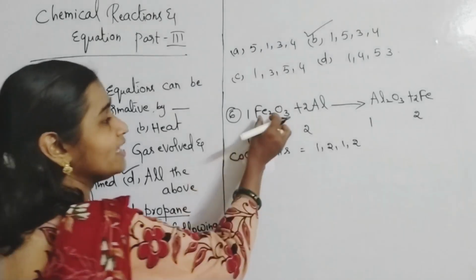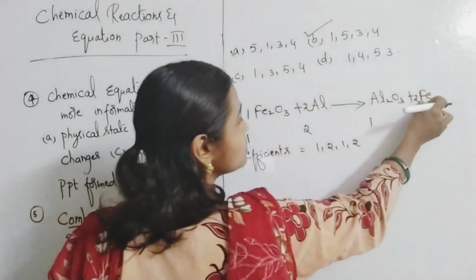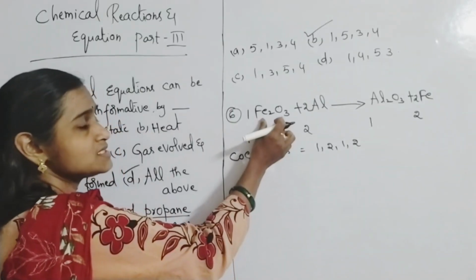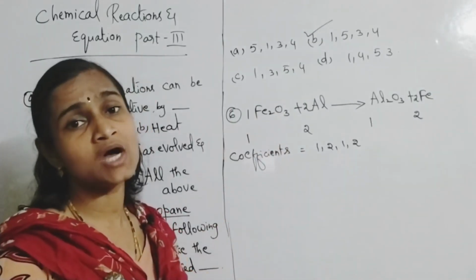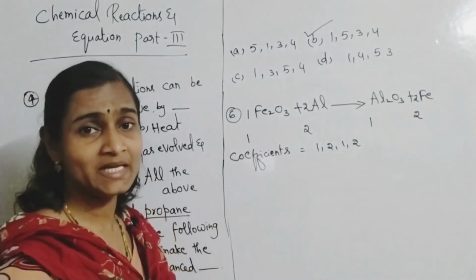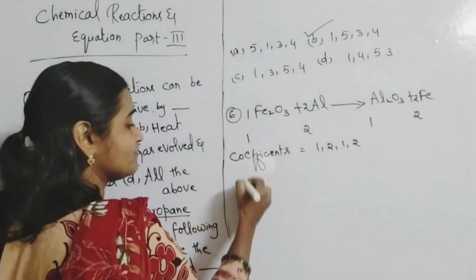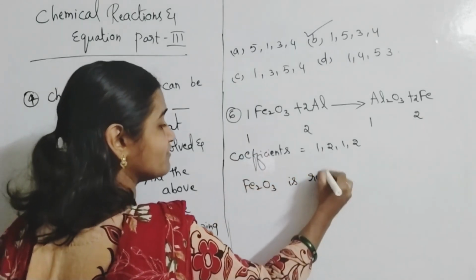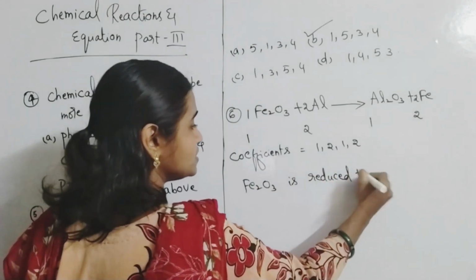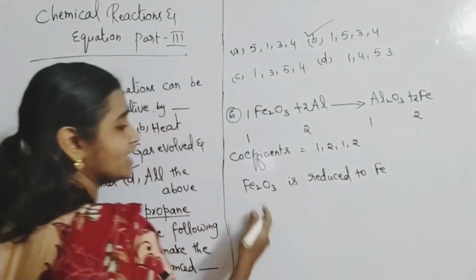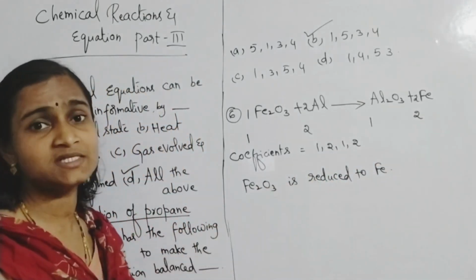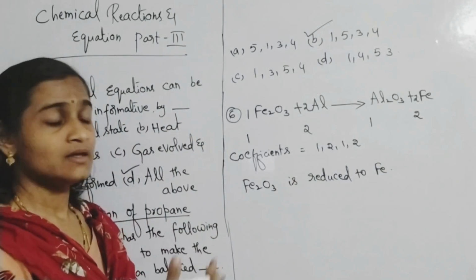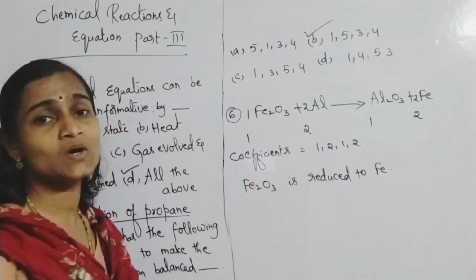Here iron oxide is reduced to iron, molten iron. Please understand the point carefully. Fe2O3 is reduced to Fe. Reduced means what?